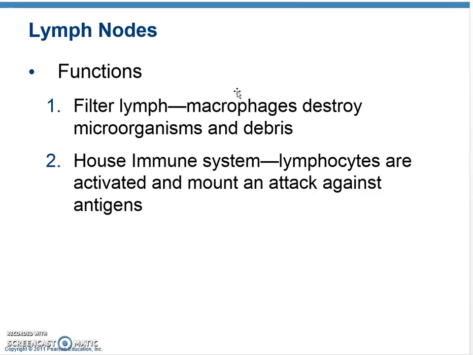The lymph nodes have two primary functions, to filter the lymph and to house the immune system. Don't get this confused with the two main functions of the lymphatic system, which are to return fluid to the bloodstream and to house the immune system.